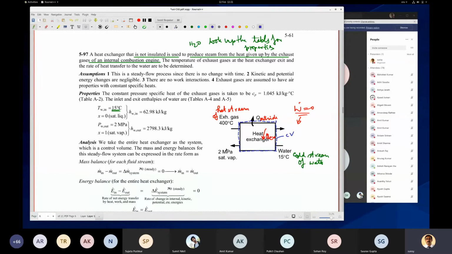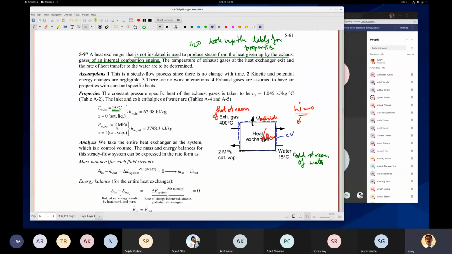Enthalpy inlet is known, this enthalpy outlet is known, this enthalpy inlet is known. So out of the four inlet and outlet ports, only one property is unknown. This is how we can relate them.